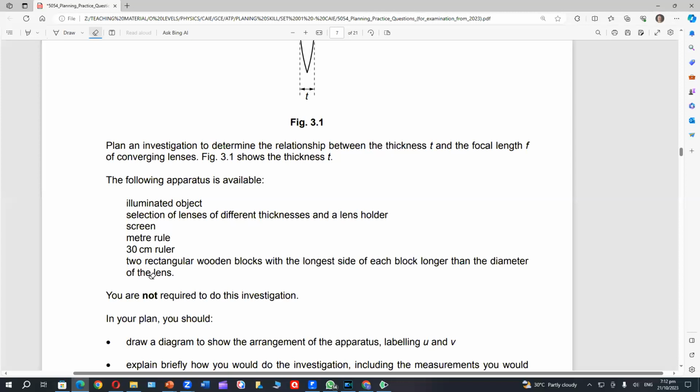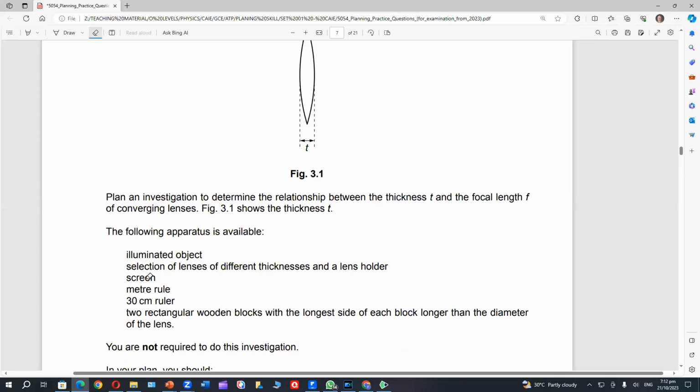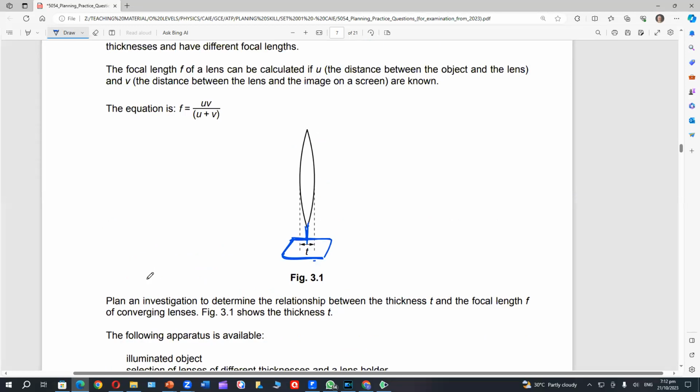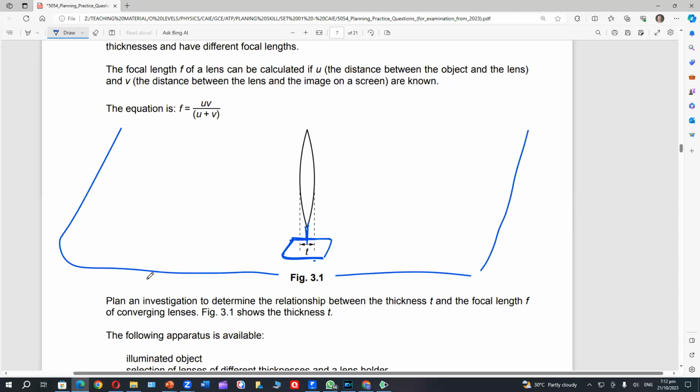And I have a screen also. This is the stand. Let's say this is all on a table like this.